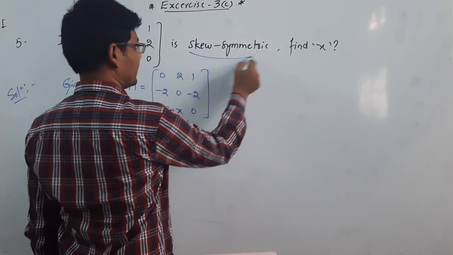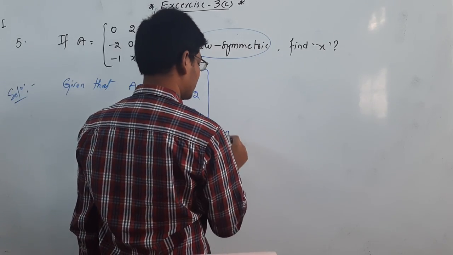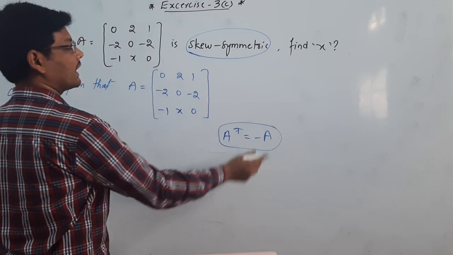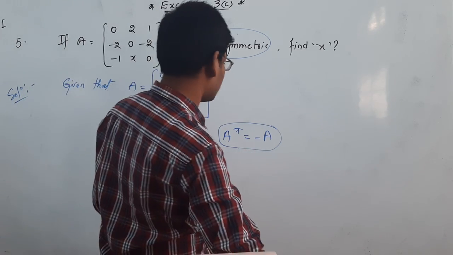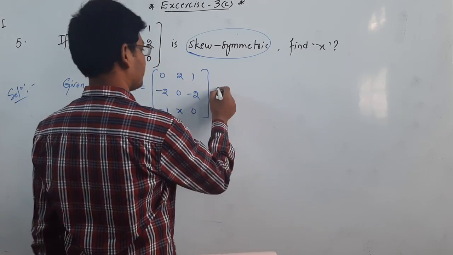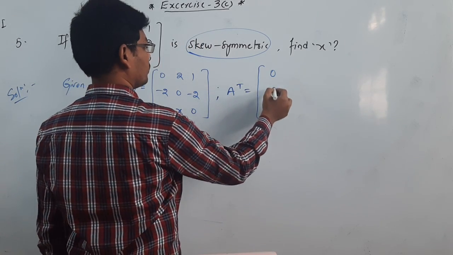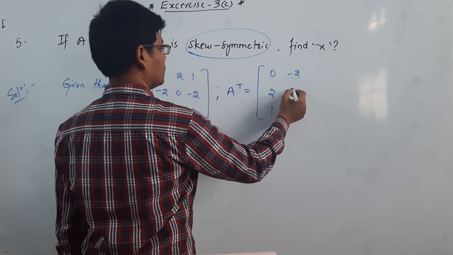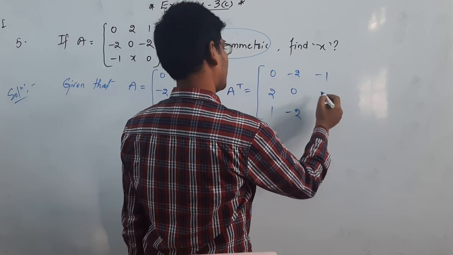Here the condition given is that it is a skew symmetric matrix. What is meant by a skew symmetric matrix? A transpose is equal to minus of A. Then it is called a skew symmetric matrix. Let's find the A transpose here. For 0 2 1, this R1 is changed to C1, and minus 2 0 minus 2 again, and minus 1 x 0.